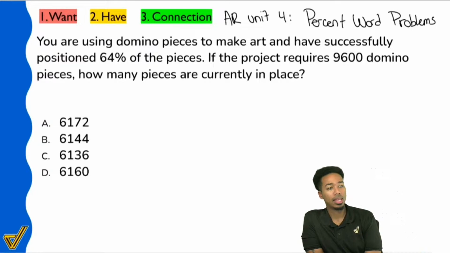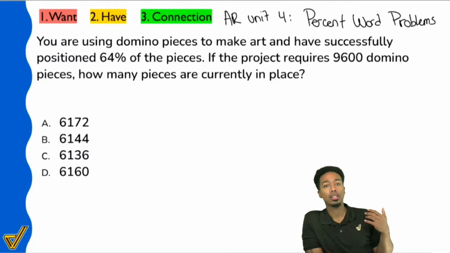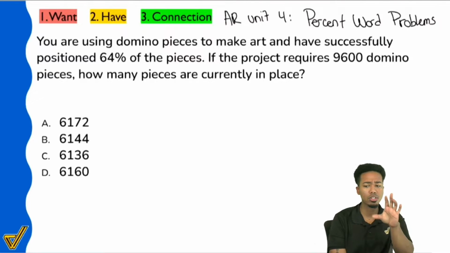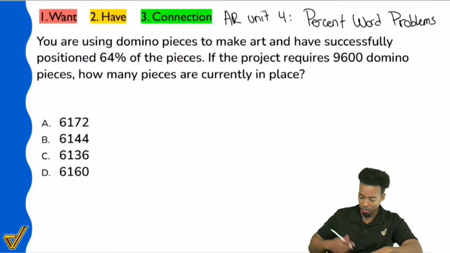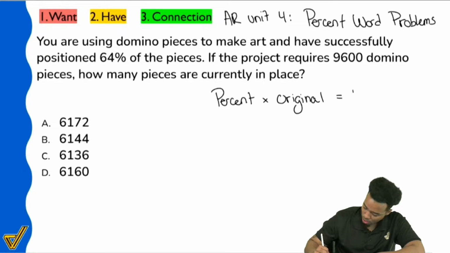Okay. So everyone, here's the thing. Like I say all the time, when it comes to every topic, every concept on the arithmetic reasoning, there's a main idea behind that concept. And there could also be a formula. So when it comes to percents, first you need to understand that there's a formula. Here's the formula right here. The formula that you're going to be using is the percent times the original equals the result.